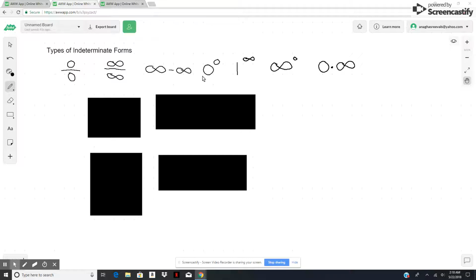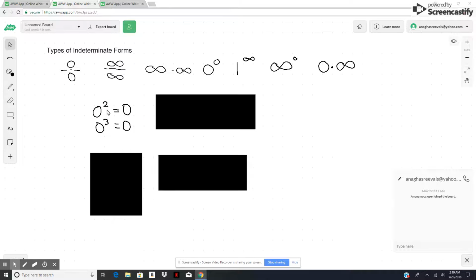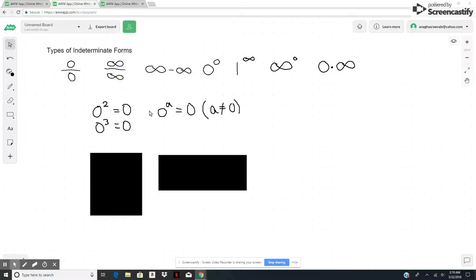Now, the reason why 0 to the power of 0 is an indeterminate form is because, when 0 is raised to the power of anything, we end up getting 0. 0 squared, 0 times 0, is always 0, which means that 0 to the power of a is always equal to 0, except for when a equals 0.